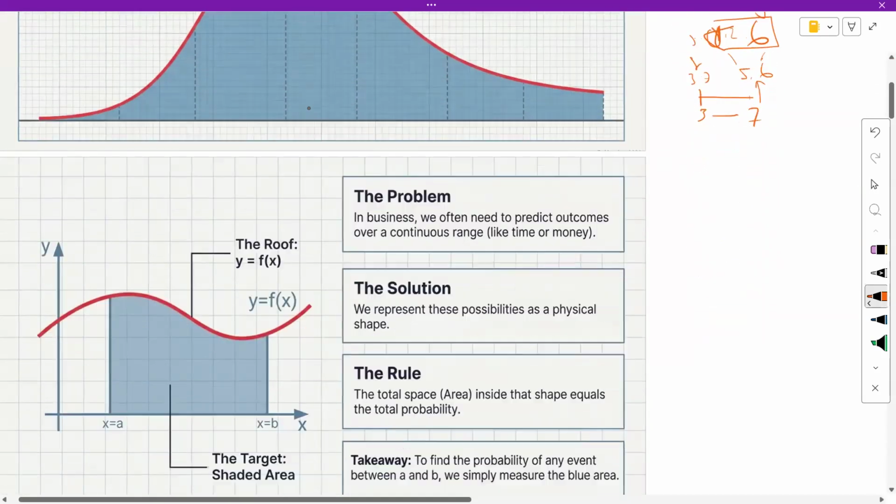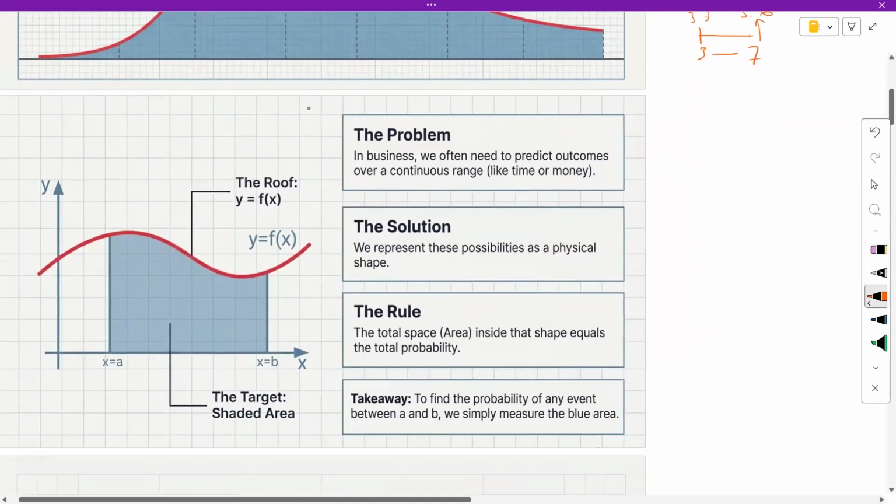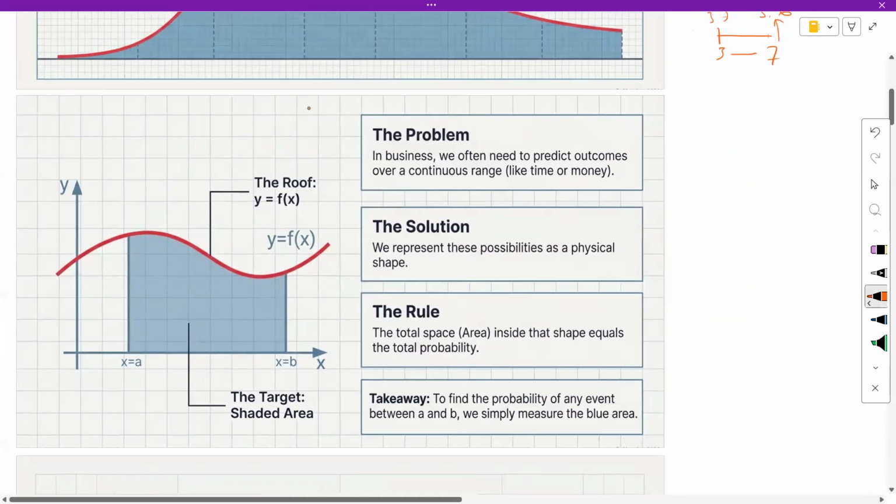Let's see some of the main foundations to prepare for in-depth analysis of normal distribution. So we need to study some of the foundation.